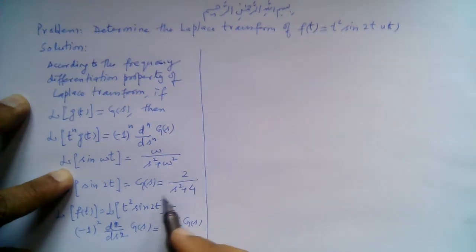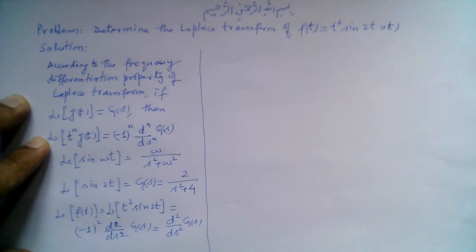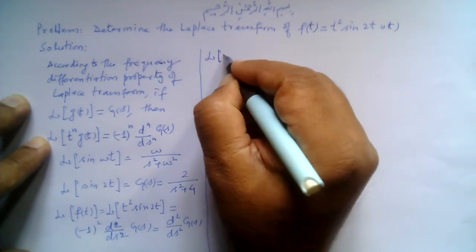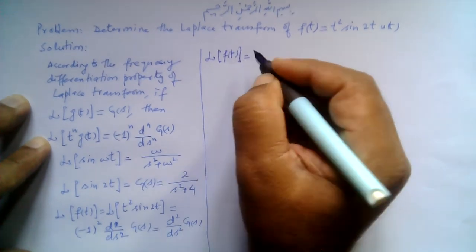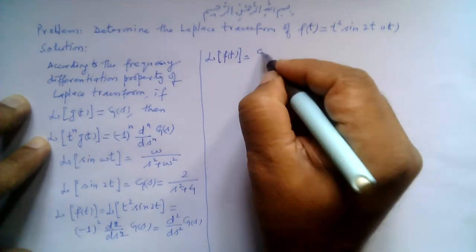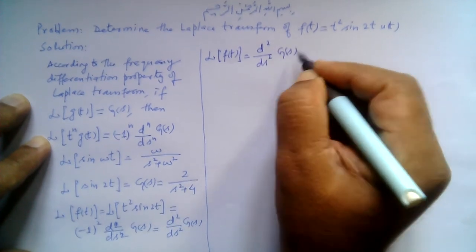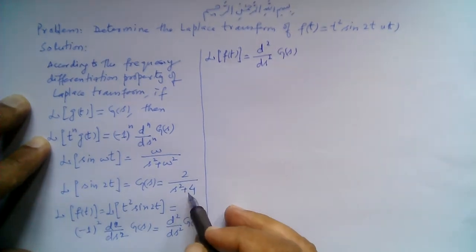So G(s) in our case is 2 over s² + 4. So the Laplace transform of the given function f(t) is given by d²/ds² G(s), which in our case is 2 over s² + 4.